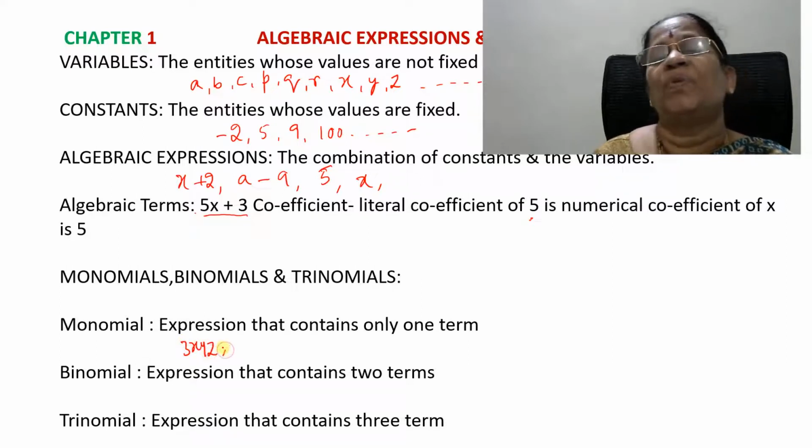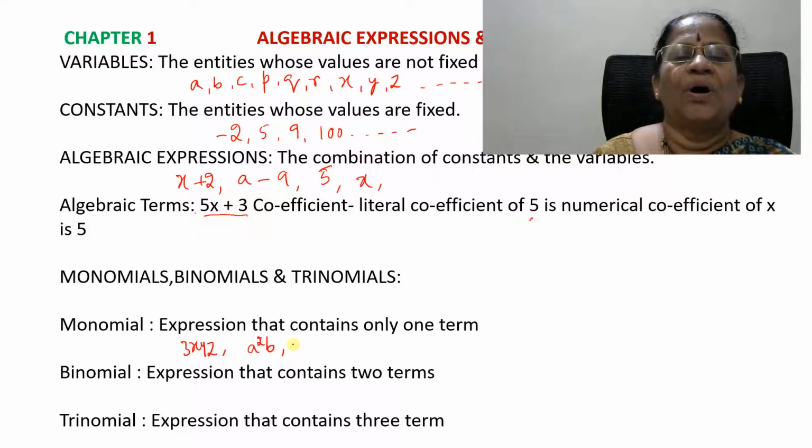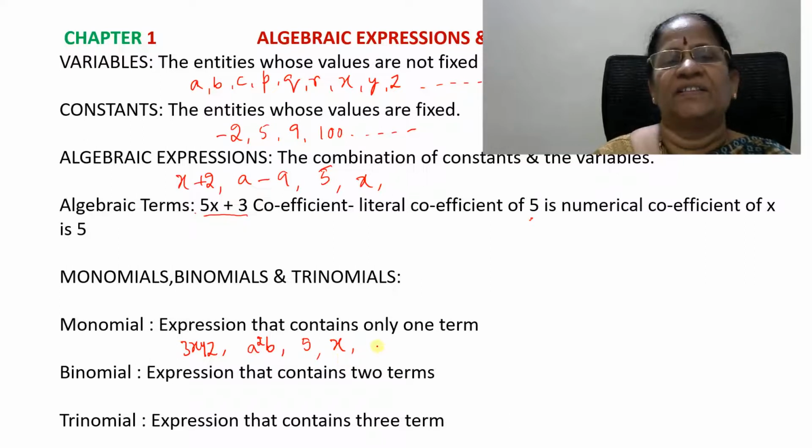It need not be one digit. It may have any number of digits in it, but it should have only one term. Or it may be like a square b, or only 5, or maybe only x, like this. It should have only one term.